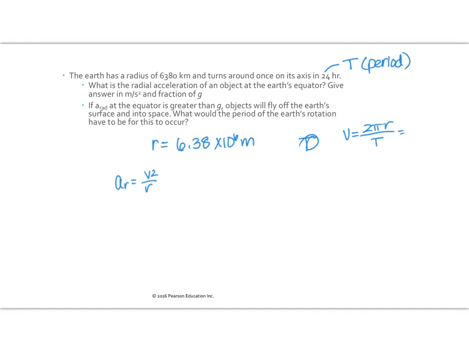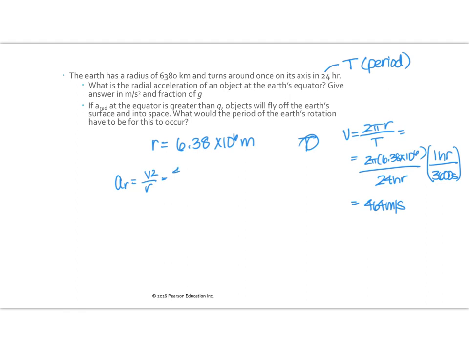So that's going to be 2 pi times 6.38 times 10 to the 6, over 24 hours, but that's not good. We don't like those units. We need it in seconds, so 1 hour is 3,600 seconds. And so we're going to get a velocity of 464 meters per second. So wow, that's how fast you're going when the Earth is rotating.